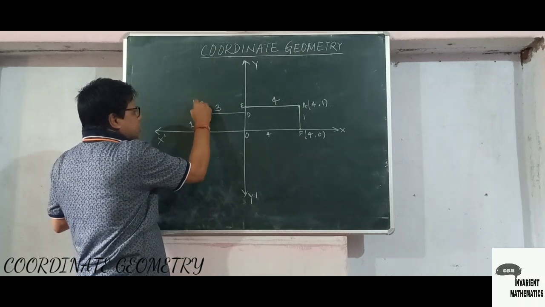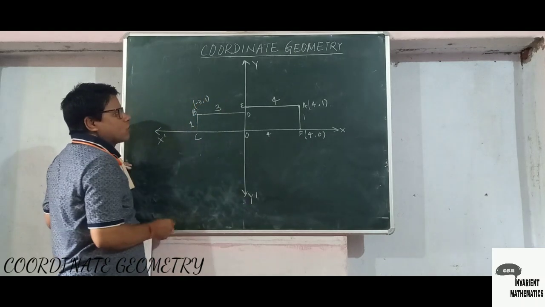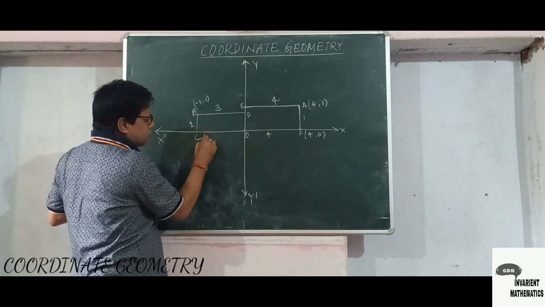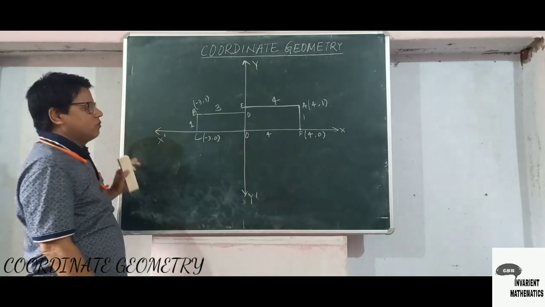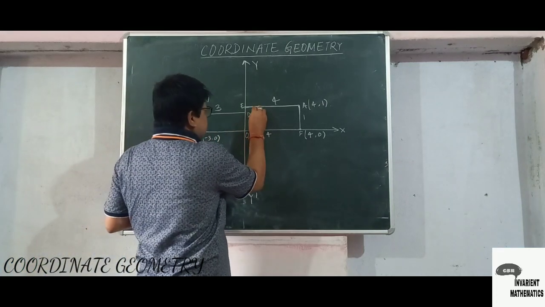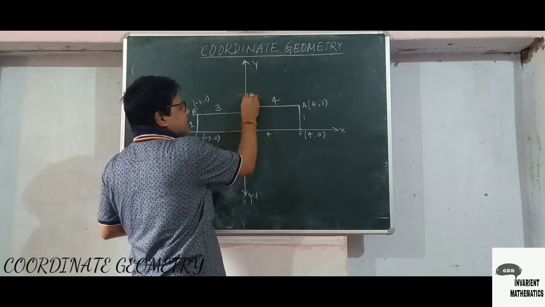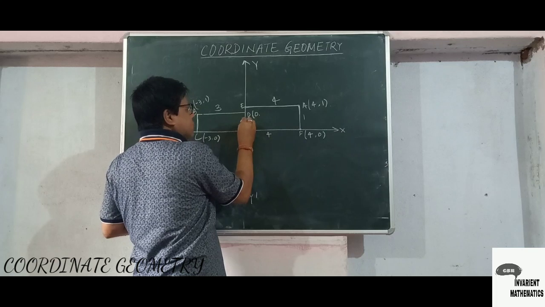That means this is (minus 3, 1). The coordinate of B is (minus 3, 1). But the coordinate of C is (minus 3, 0), because it lies on the x-axis. Now, coordinate of B. B is on the y-axis, which means the x-coordinate is 0 and y is 1 unit.